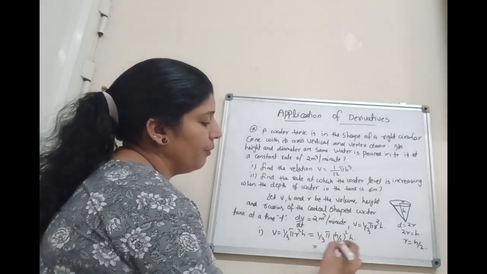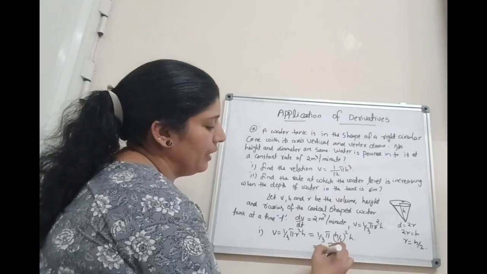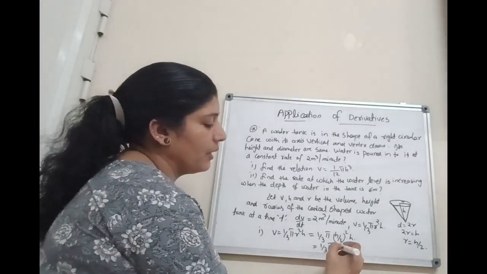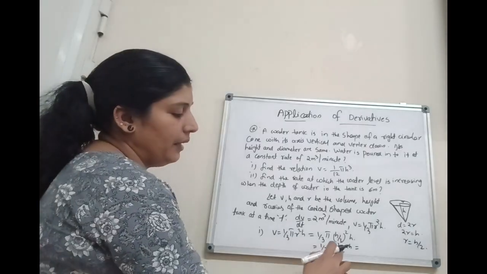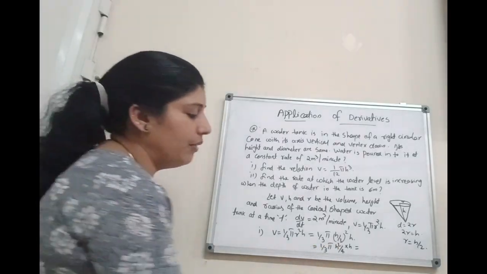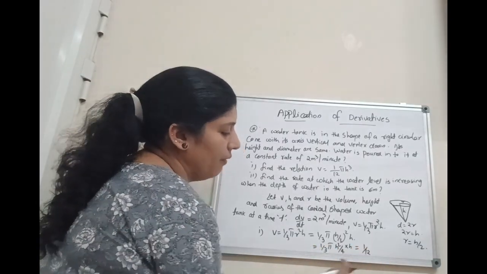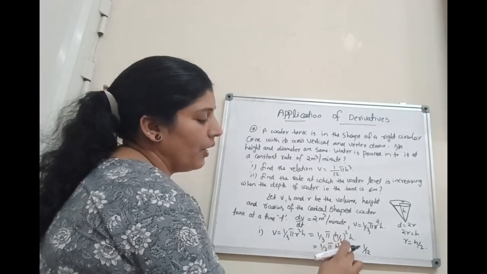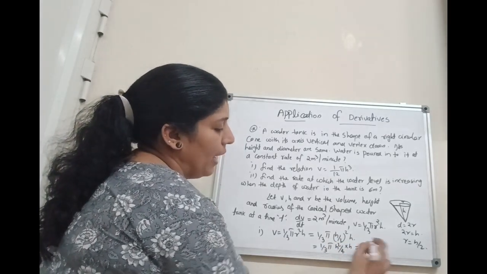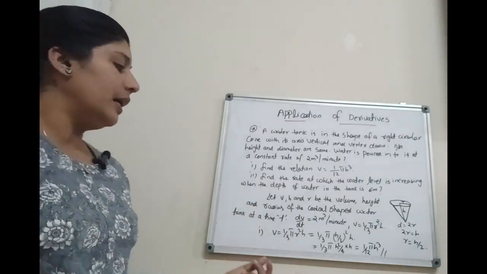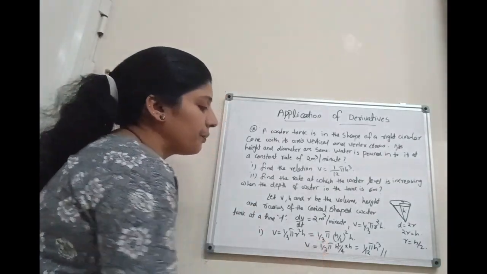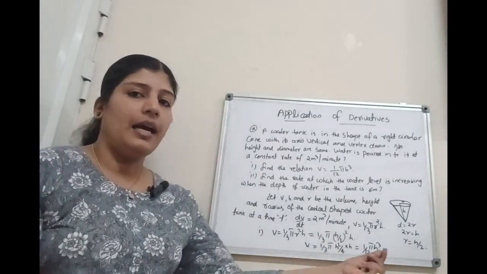That is 1 by 3 pi into h square by 4 into h. That is 1 by 3 into 1 by 4, that is 1 by 12, then pi into h square into h, that is h cube. Therefore the first one is proved. V equal to 1 by 12 pi h cube.